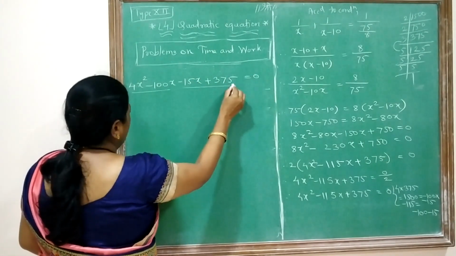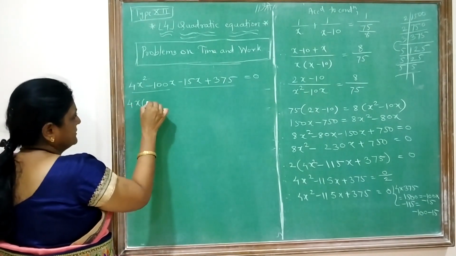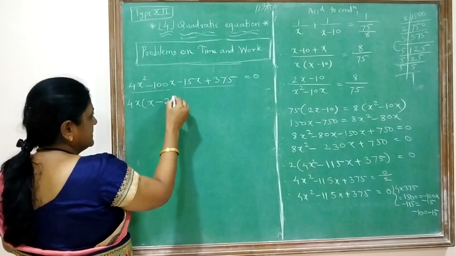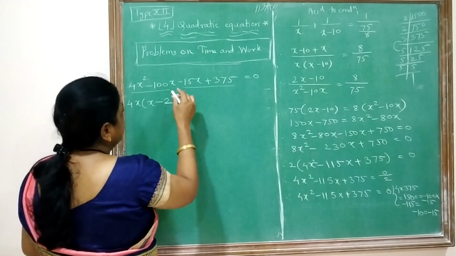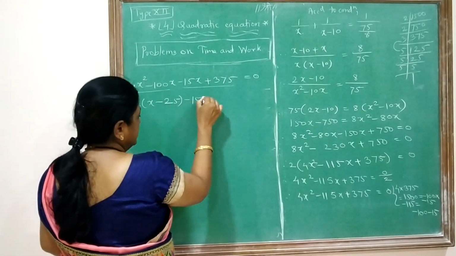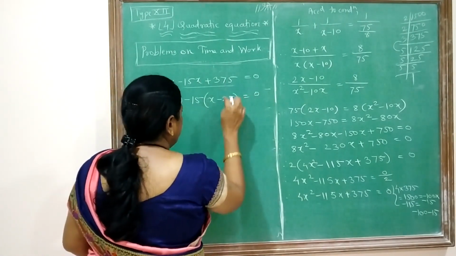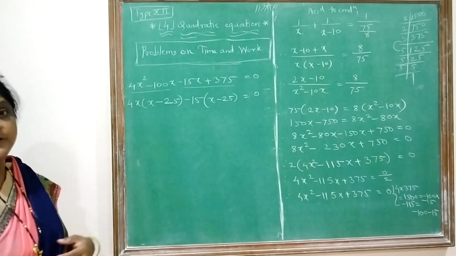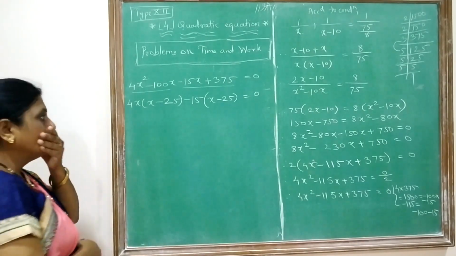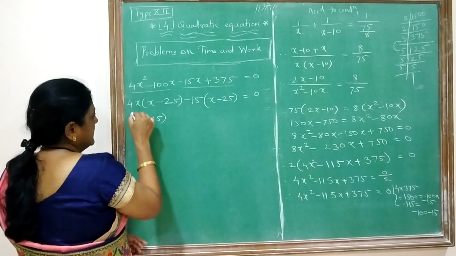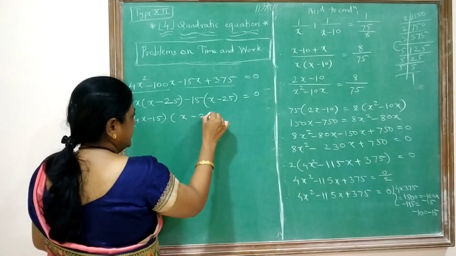Then take a common term. 4x is common: in the bracket x minus 25, because 4 fives are 20 and 4 twenty-fives are 100. Then minus 15 is common: x minus 25 equal to 0. Therefore 4x minus 15 and x minus 25.